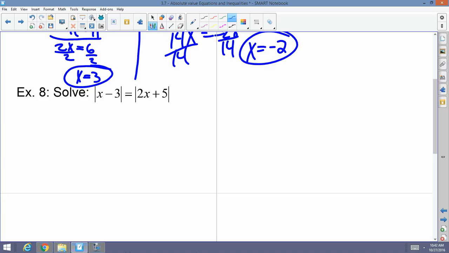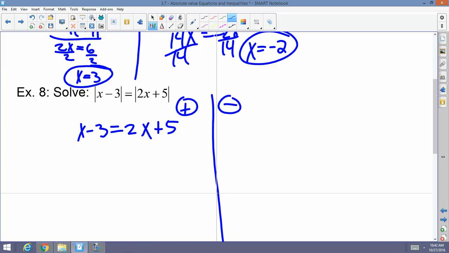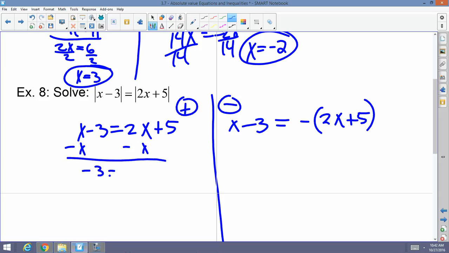So let's split it. You got your x minus 3 equals my positive side of 2x plus 5. My negative side is x minus 3 equals negative times 2x plus 5. So here I'm going to subtract x from both sides. Negative 3 equals x plus 5. Subtract 5 from both sides.